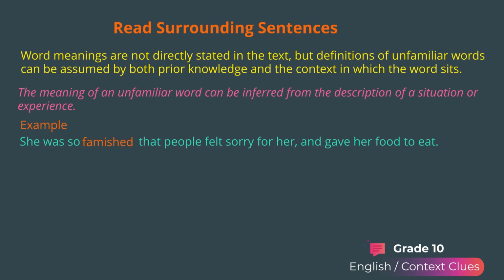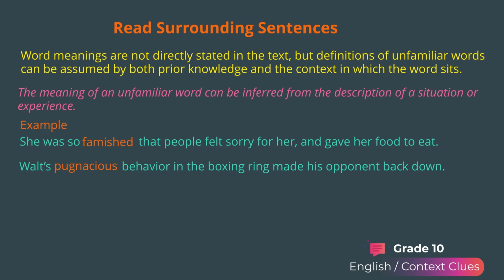This is probably the most difficult kind of context clue. You need to use the ideas in the sentence to figure it out. Example: Walt's pugnacious behavior in the boxing ring made his opponent back down. The whole sentence gives us clues to the meaning of the unfamiliar word.